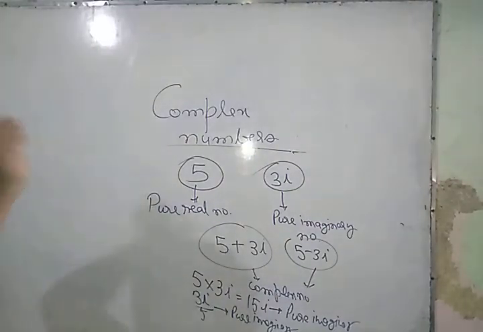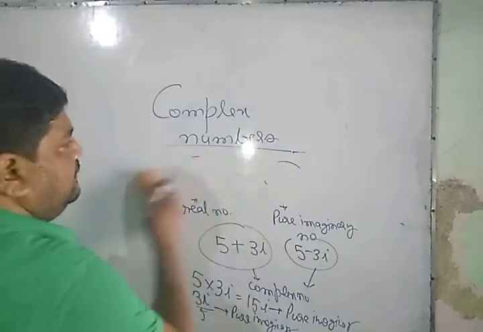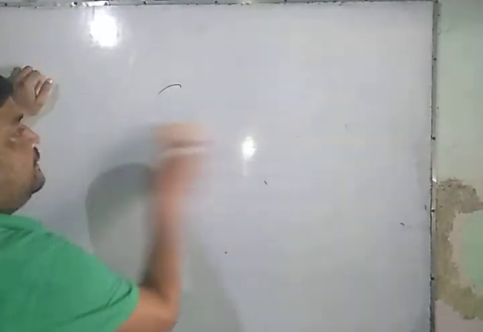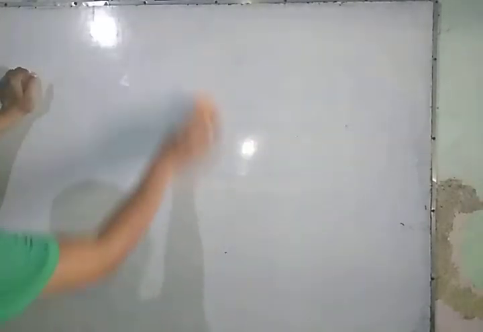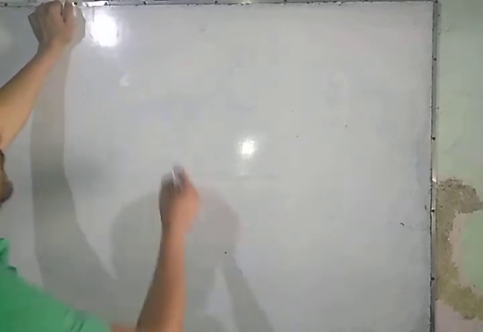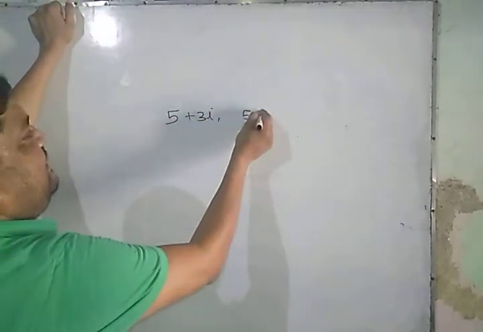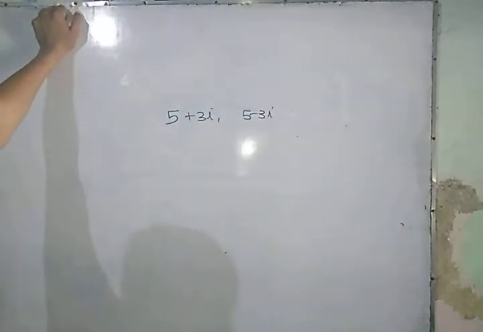I think all of you have noted. So we have seen that 5 plus 3i and 5 minus 3i both are complex numbers.